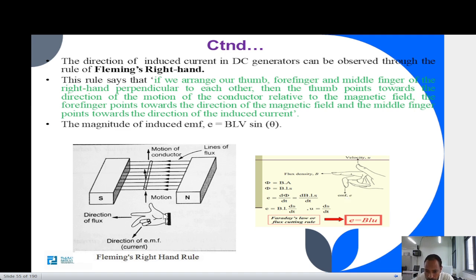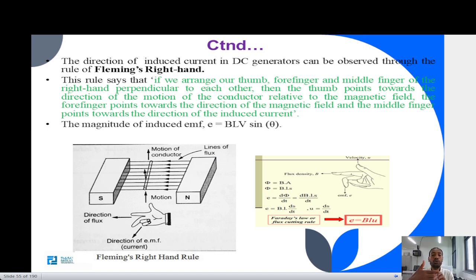So here, as you see, if we put our right hand in this direction, and the forefinger indicates the direction of flux, emerging from north to south, and the thumb indicates the direction of the motion, then from my point of view, this is the north to south direction of the flux, and this is the direction of the motion.